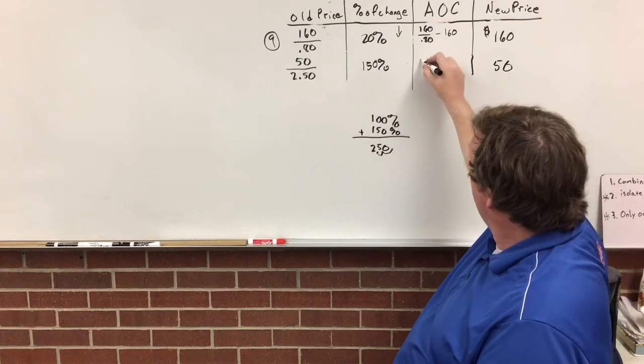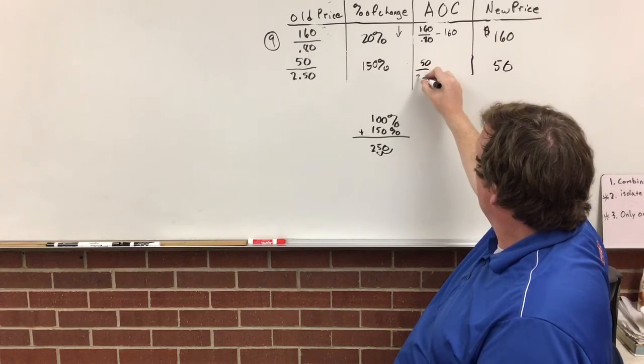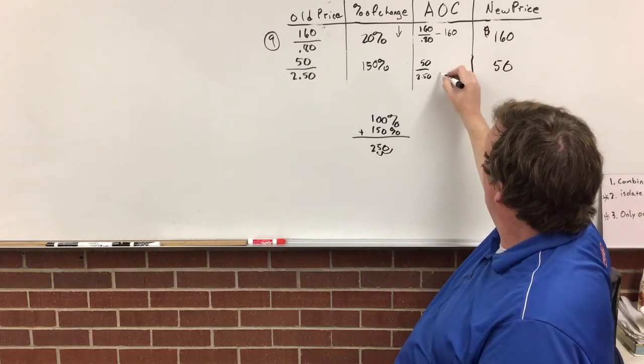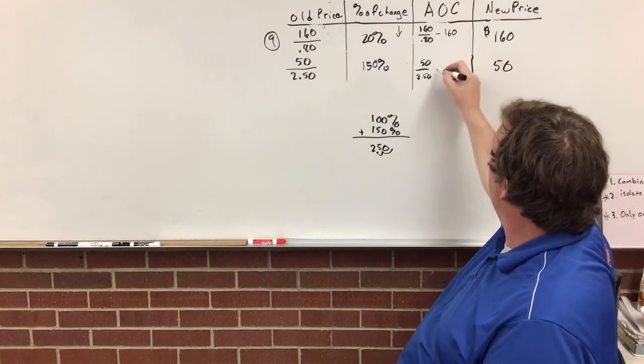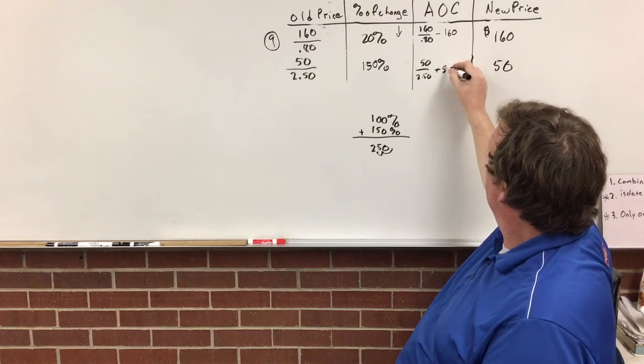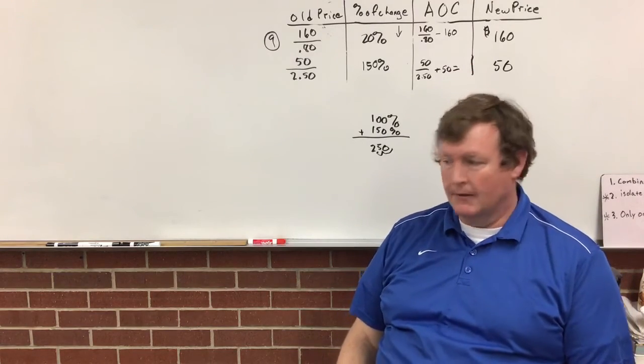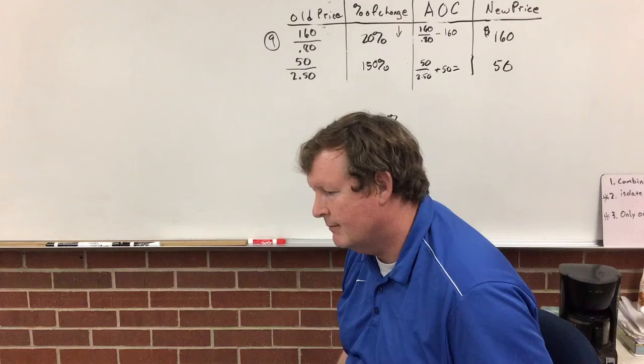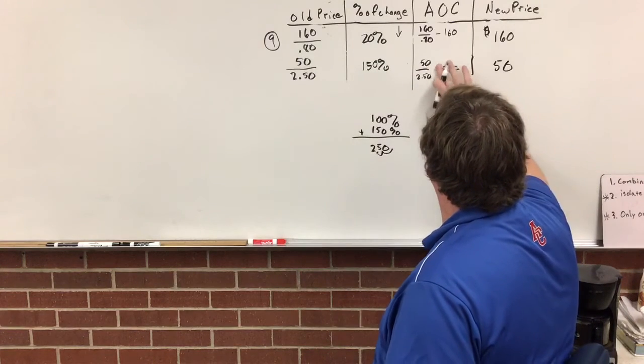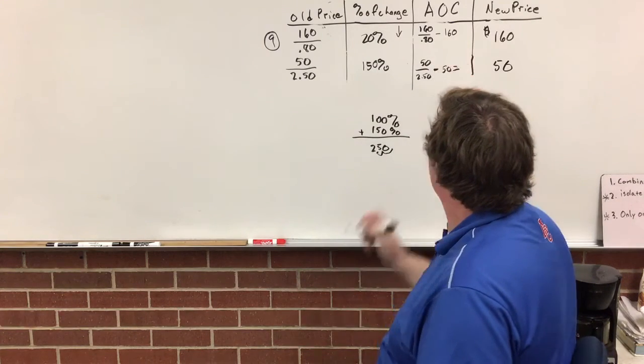And then that answer, 50 divided by 2.50, will be the amount of change plus 50 will give us the amount of change we want. Actually, not plus 50, minus 50.